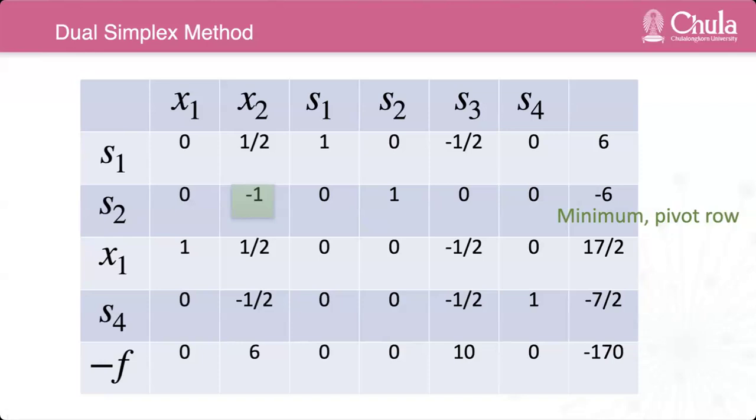This is the pivot row, and this is the pivot element. Then we make this element to be 1. This must be 0, 0, 0, 0.